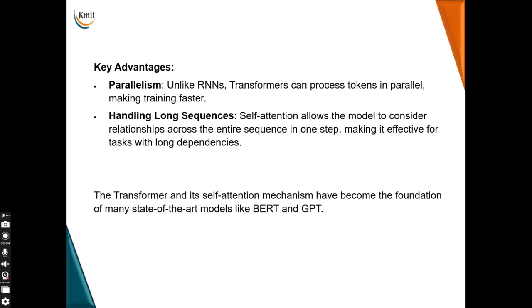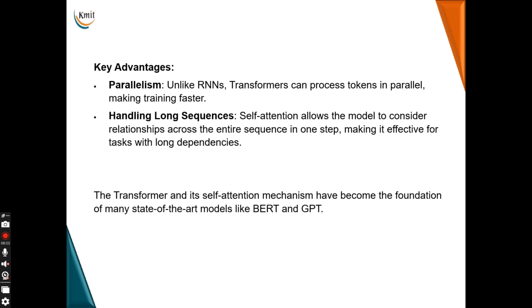Handling long sequences: as I kept on saying, the self-attention mechanism allows the model to consider relationships across the entire sequence in one step.